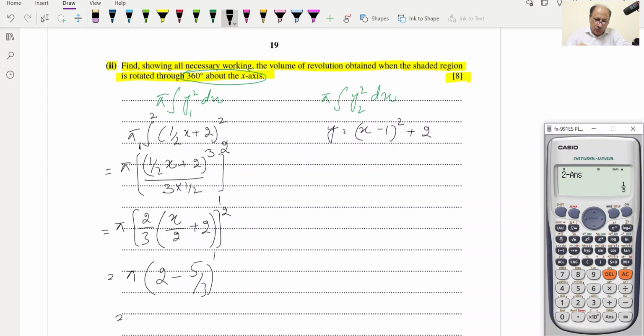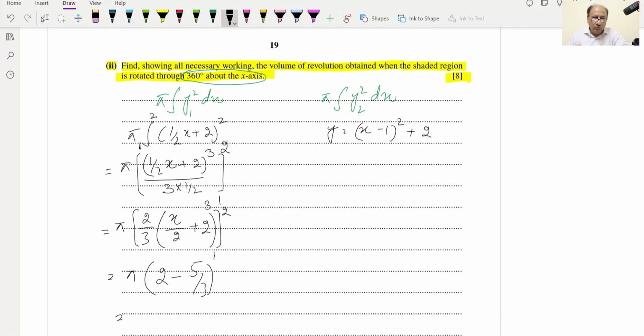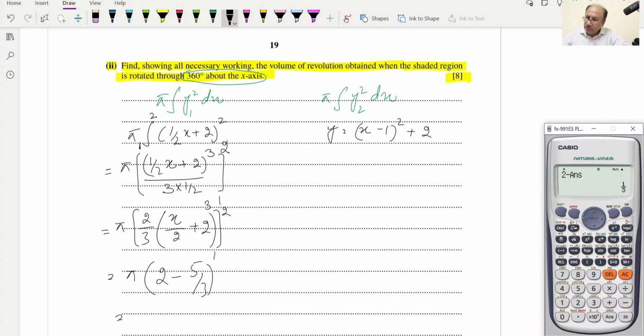Basically we missed the cube. So we missed this cube, so we can write this one again. This was our equation, so we will rewrite it as 2 over 3 into the bracket x over 2 plus 2, bracket close, and whole raised to the power 3, and this we calculate for x is equal to 2, and this will give us 18.